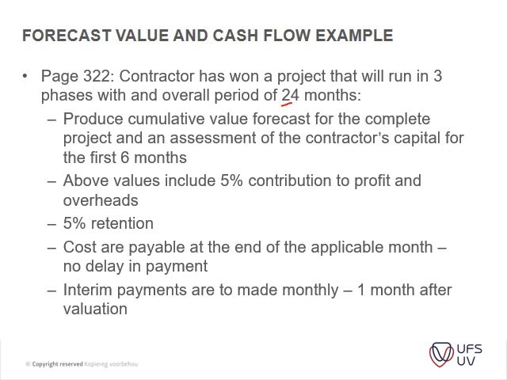Produce a cumulative value forecast for the complete project and an assessment of the contractor's capital for the first 6 months. The above values include 5% contribution to profit and overheads. And then you've got 5% retention. Then you've got a cost. Costs are payable at the end of the applicable month. No delay in payment. Okay, please take note of that.